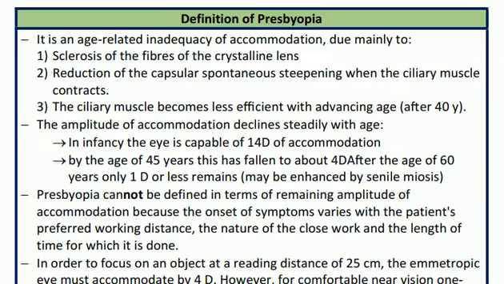So what is the accommodation at different ages? In infancy the eye is capable of 14 diopter of accommodation.